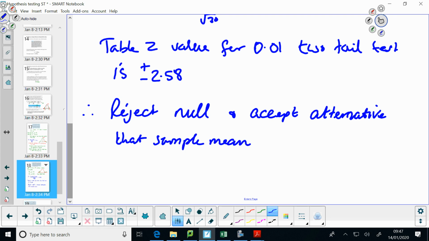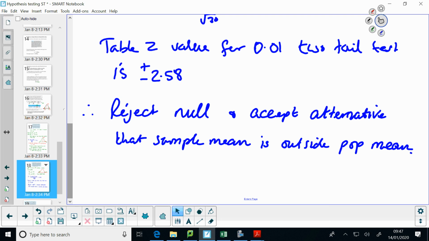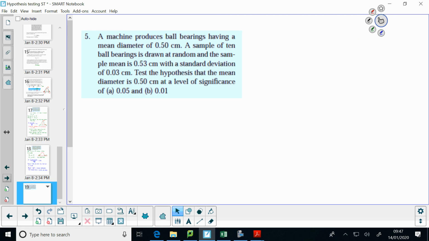In this case, the sample mean is outside the population mean. Alright, words to that effect. So the null hypothesis is rejected yet again. So now, having seen the working and had a chat about the working of those two, have a go with that last extra one again.